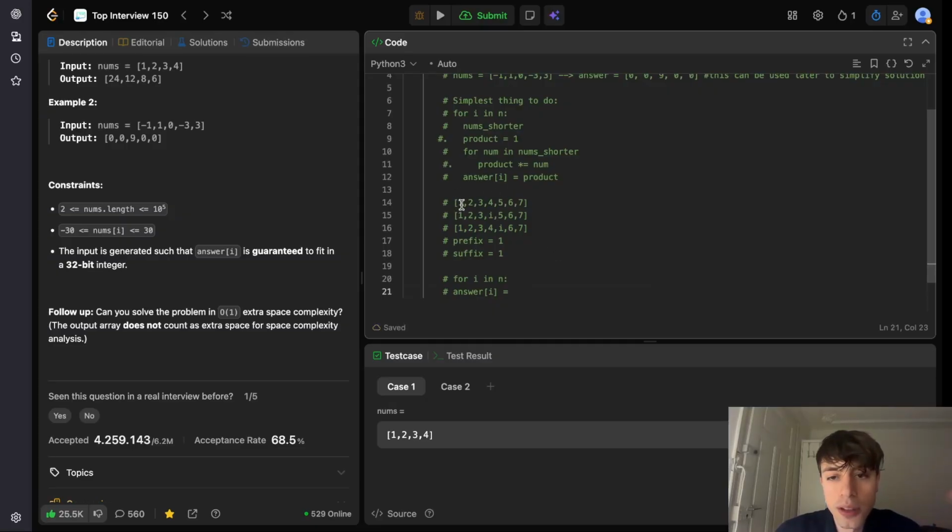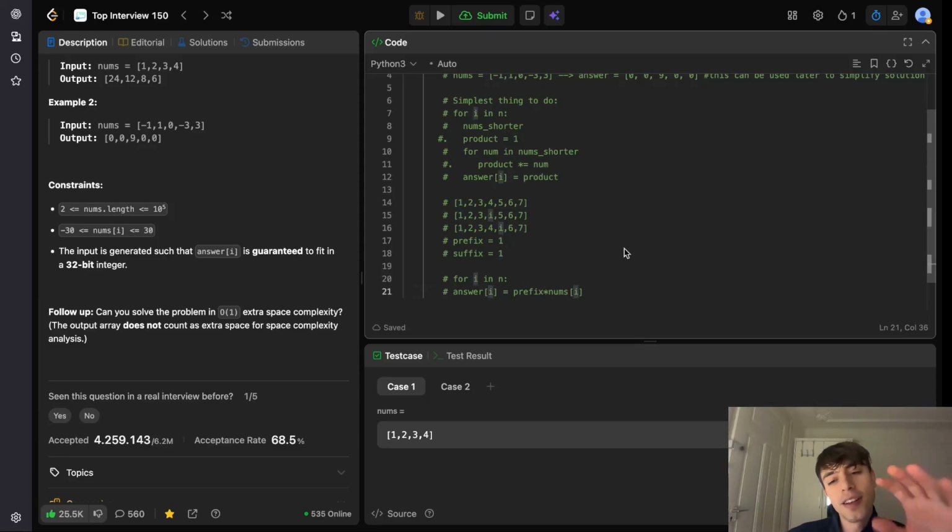I don't need to do all the product. I can just say, all right, answer I will be equal to my prefix times nums I. And so, of course, in this case, it will be 1. But then, with the increasing I, I am considering also the number itself.